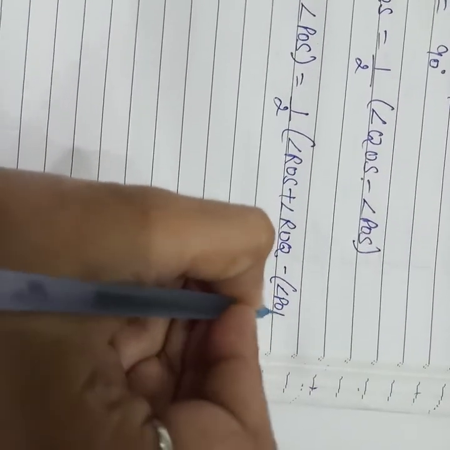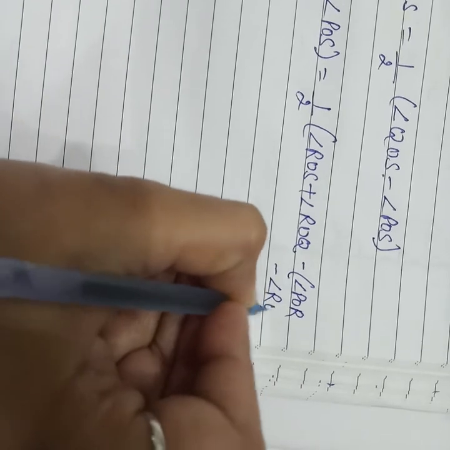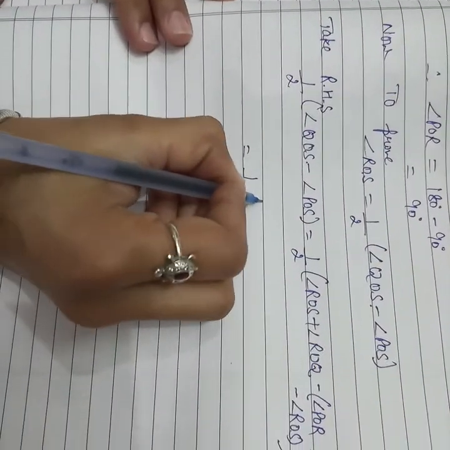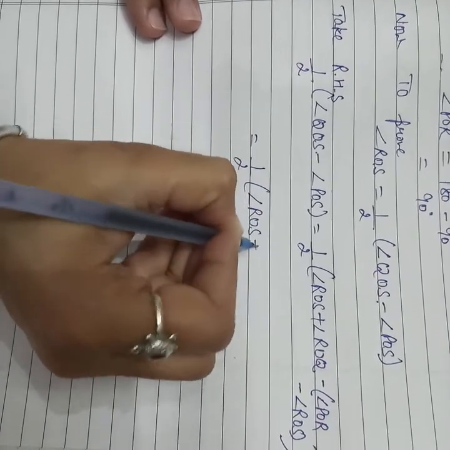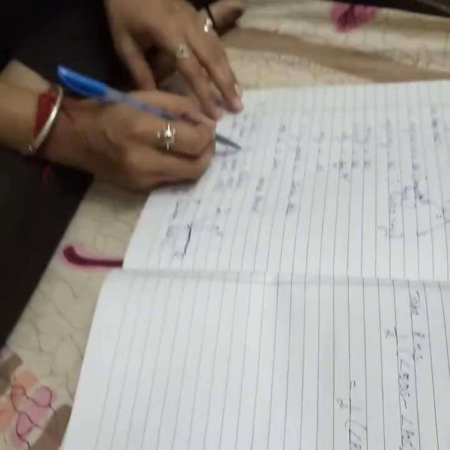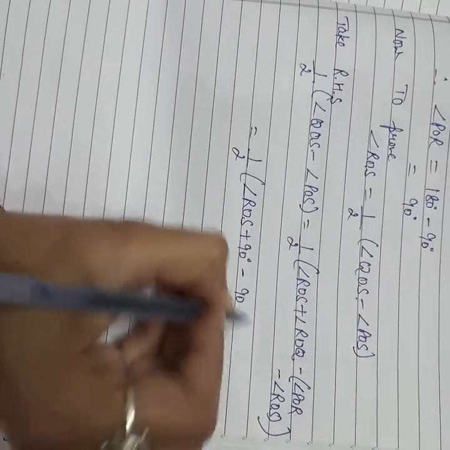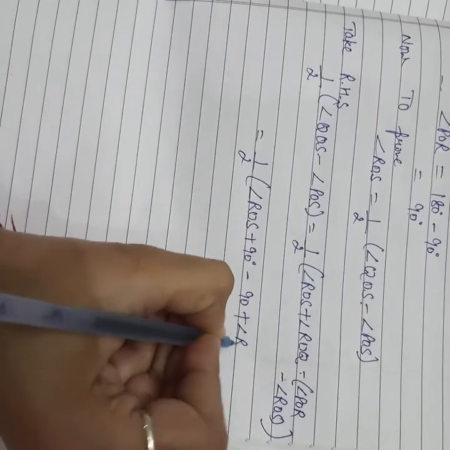Angle POR minus angle ROS, which equals 1 by 2 angle ROS plus ROQ equals 90 degrees. So 90 degrees minus angle POR is also equal to 90 degrees, minus plus angle ROS.